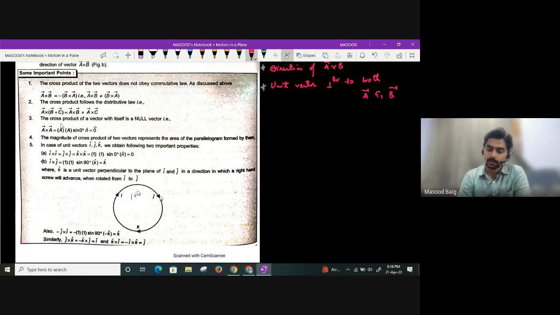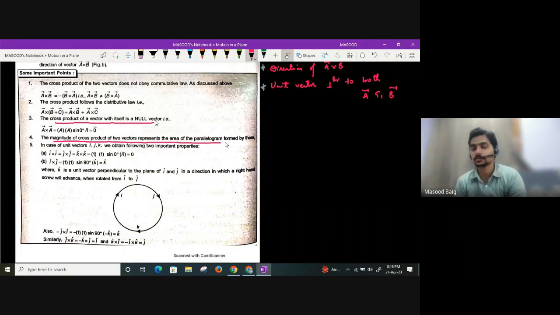Very important case: cross product of a vector with itself is a null vector. Understood? In the same manner, the magnitude of cross product of two vectors, what does it give? Area of parallelogram. So whenever two vectors are forming a parallelogram, the magnitude of their cross product will give us the area of the parallelogram, guys.